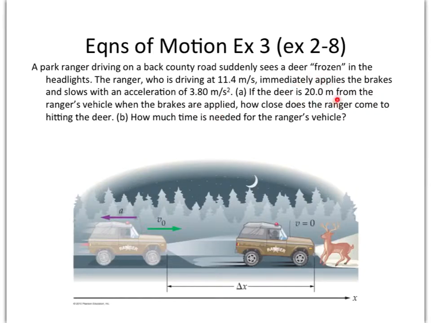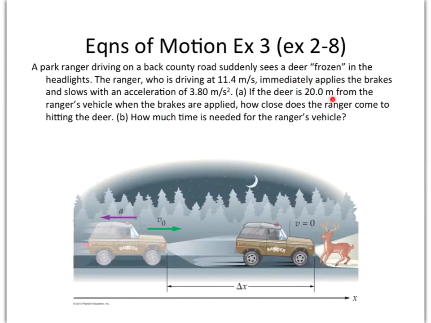But this 20 meters really is not a value that we can use. All it's telling is that from here to where the deer is, it's 20 meters, and we're hoping that the actual displacement of the vehicle is less than 20 meters. So we're going to just need to account for that when we write down our knowns. So this 20 meters is not really a known.